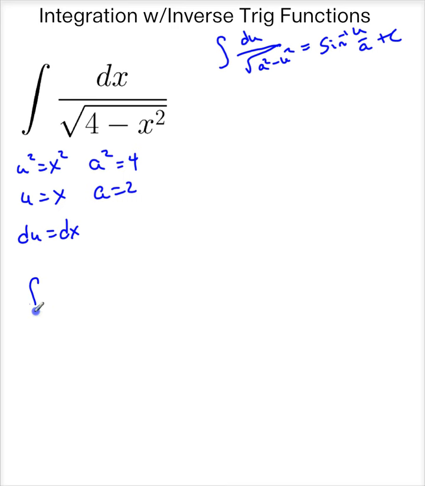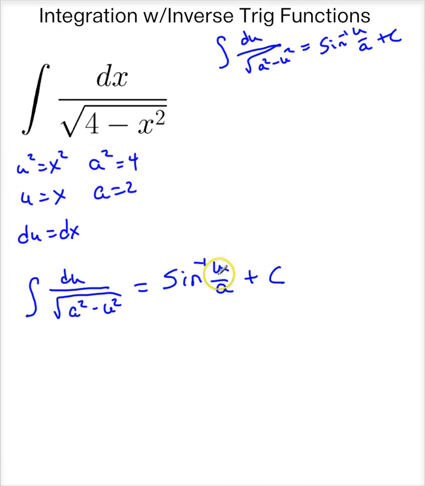So this becomes the integral dx is du divided by the square root of a squared minus u squared. And my solution is the inverse sine of u over a plus c. Now I know this seems a little redundant for this problem because now we have to substitute back in.